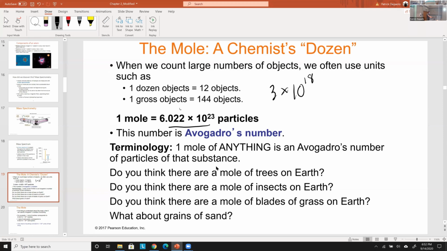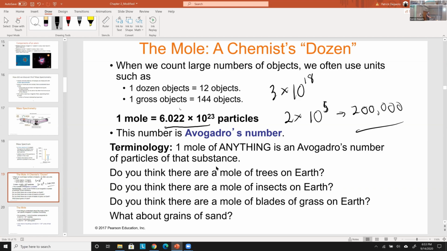Avogadro's number is 6 times 10 to the 23rd. This means that, ignore the 3 and the 6, or we can factor that in, but roughly there is 10 to the 5th times more, or really we could just make it 2 times 10 to the 5th times more particles in a mole than there are grains of sand on Earth. 2 times 10 to the 5th is 200,000.